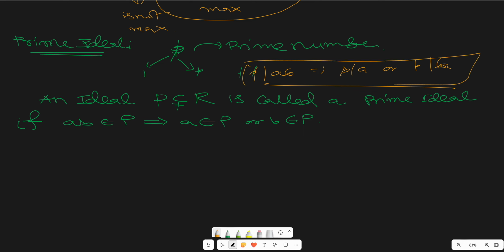If an ideal P is a proper ideal, it is called a prime ideal if, for two elements A and B in R, AB inside P implies that either A inside P or B inside P. There is no other choice. This is the definition of prime ideal.